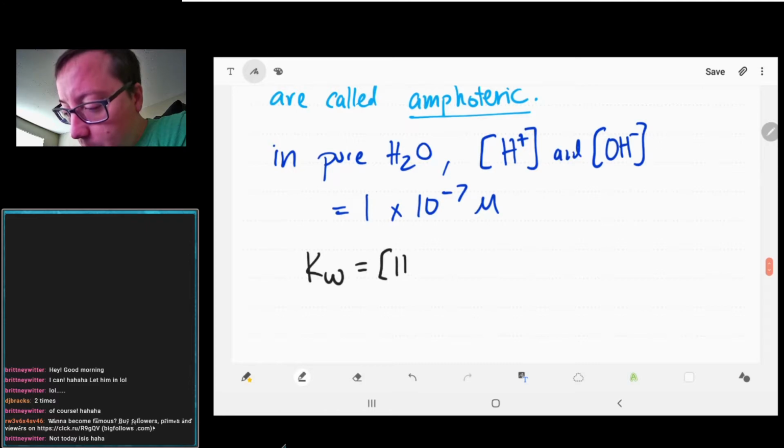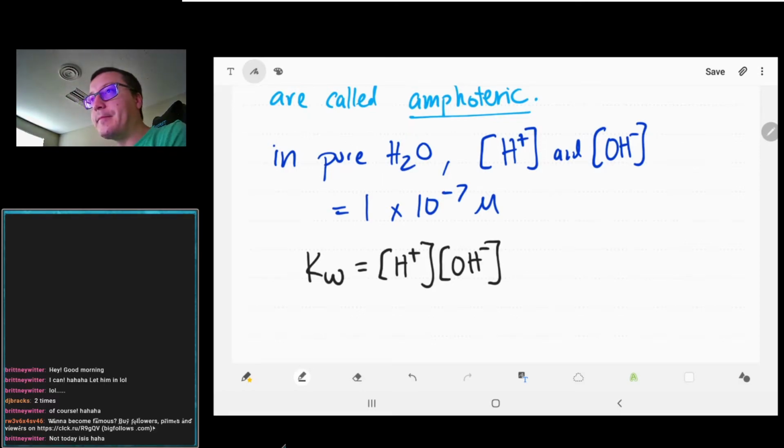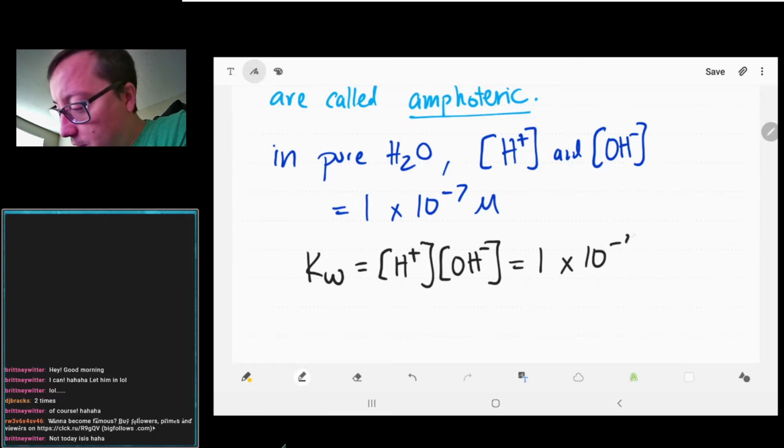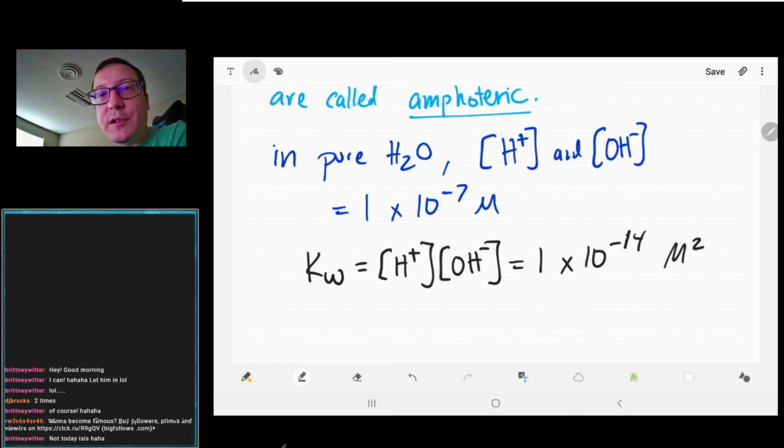And that is equal to the H plus multiplied by the OH minus. And if that's 1 times 10 to the negative 7 times 1 times 10 to the negative 7, that's 1 times 10 to the negative 14. And units are technically molar squared, but we often just don't even think about the units for something like this.